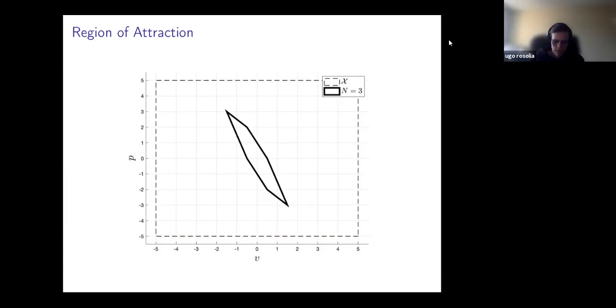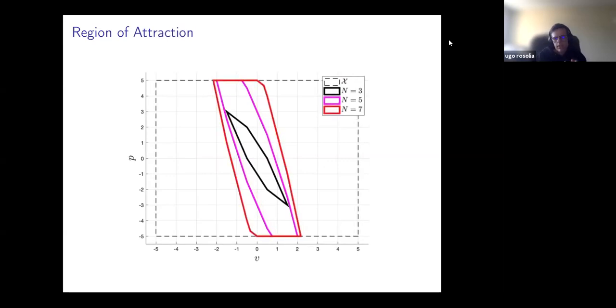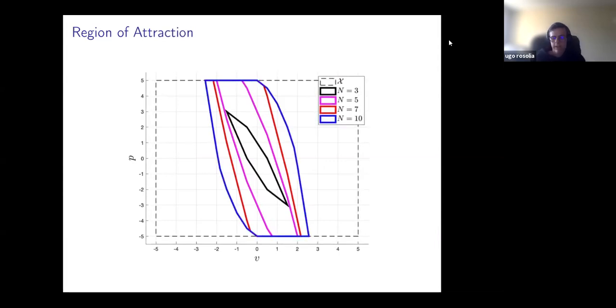And of course, this issue might be fixed simply by having a longer prediction horizon. Here we see that as our prediction horizon gets longer, we can stabilize a bigger set of states to the origin. And this region is going to grow as we design our controller with longer and longer prediction horizons. However, we fixed one problem, but another problem came up.